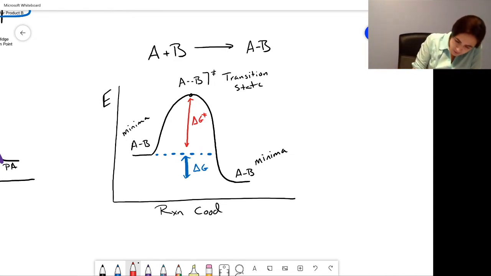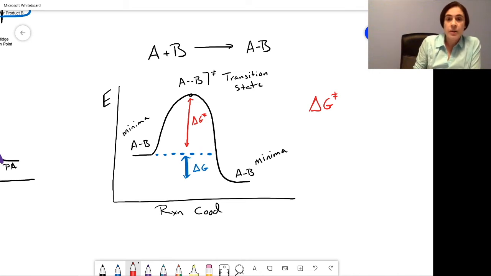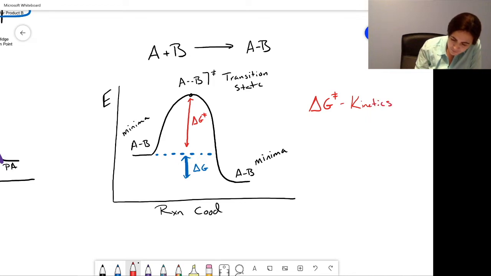So delta G double dagger will refer to the amount of energy required to overcome the barrier of forming the bond. So this will be relating to kinetics, or the speed of our reaction. Whereas delta G for the reaction will give us the thermodynamics.